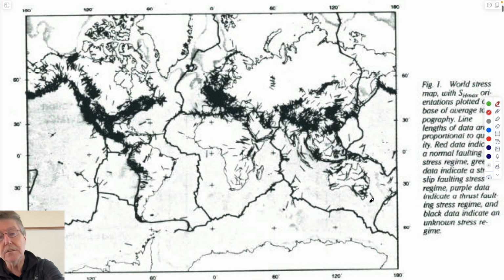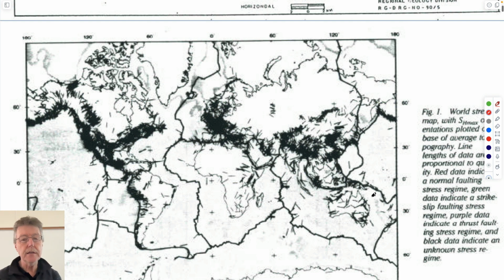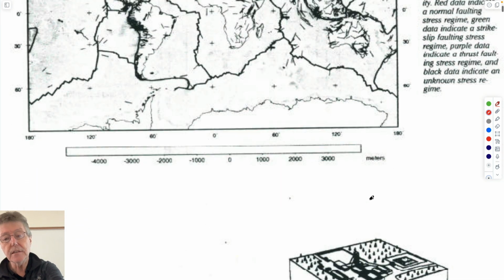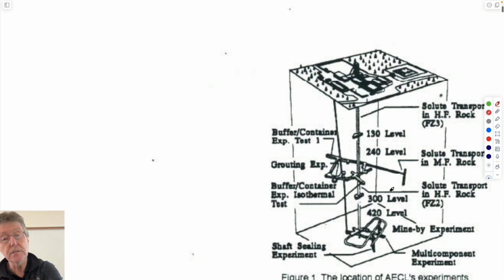The ones which are most advanced would be, if I look on this map, these lines are all stress contours, in situ stresses within the crust. And obviously these repositories are in crustal rocks, and so they're not in soils. These are high-level radioactive wastes.